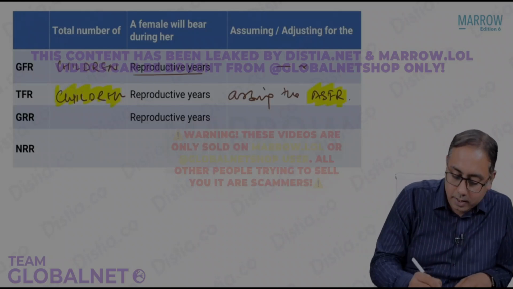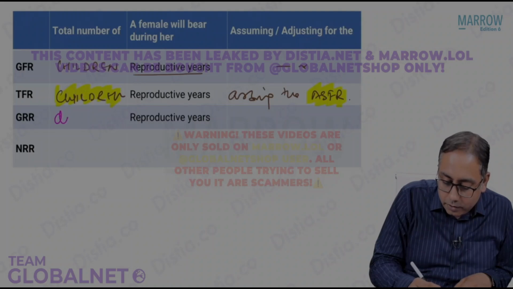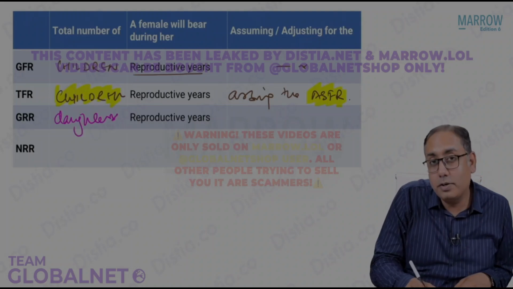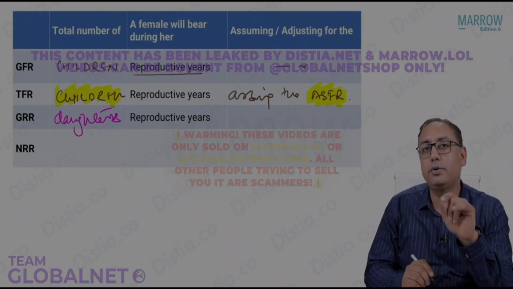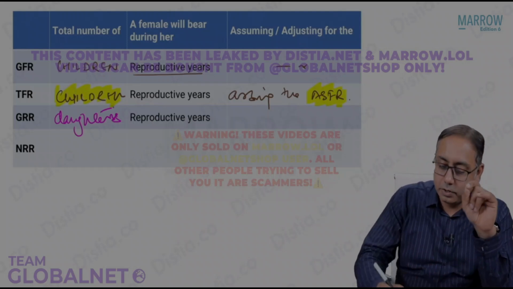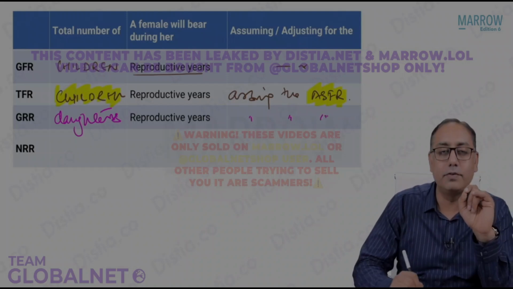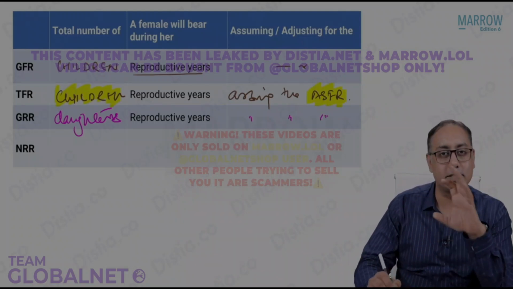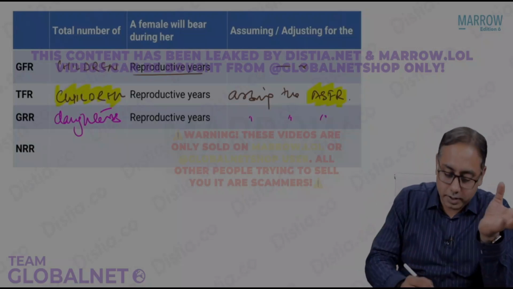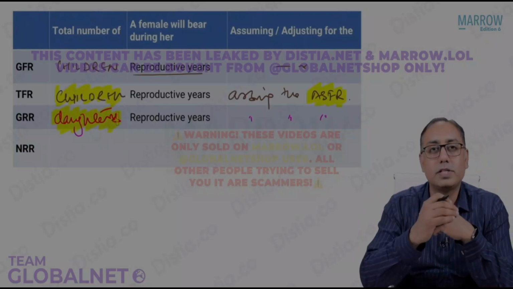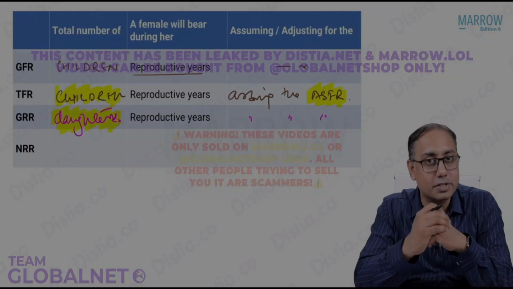GRR is the total number of daughters, not the total number of children. It is the total number of daughters which a female will bear during her reproductive years, assuming the age-specific fertility rate. So what is the hallmark of a gross reproduction rate? The hallmark is that the question will talk about the daughters.